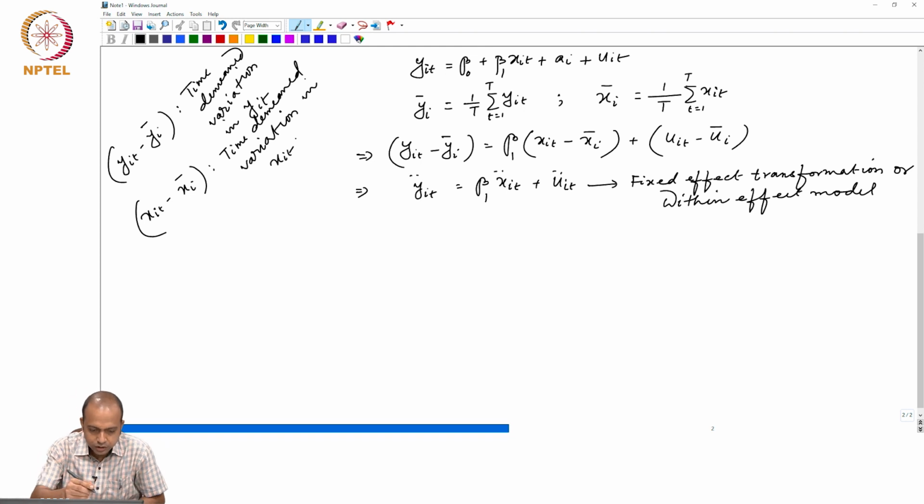Sorry, this is not actually YIT, this is YI, because we are already taking the time domain variation. So, YI and XI. For each and every cross section, we are trying to understand how a particular year's YIT value is deviating from its mean in simple terms.